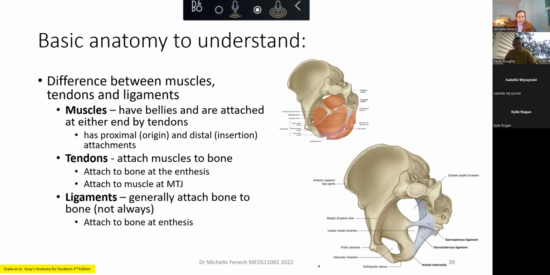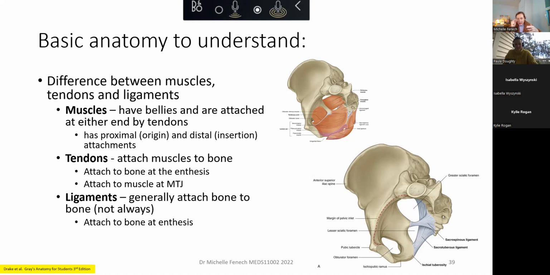Is everyone okay before we move on to muscles and tendons and ligaments, in understanding what a muscle is? I think everyone knows what a muscle is. It's got a muscle belly, but muscles have tendons at either end of it. They always have a proximal and a distal attachment, or an origin and insertion, whatever you want to call them. Muscles don't attach directly to the bones.